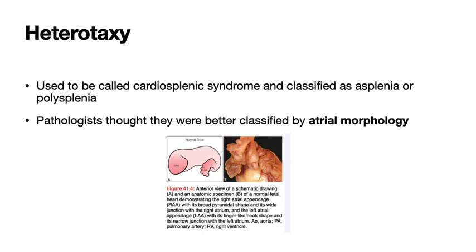But then, over time, it turns out the pathologists said, you know what, they're better classified by their atrial morphology, what the actual atrium looks like, because there seemed to be too much overlap with absent spleen, many spleens, so that wasn't very helpful. But the one thing that was very clear to pathologists was what the atria looked like.